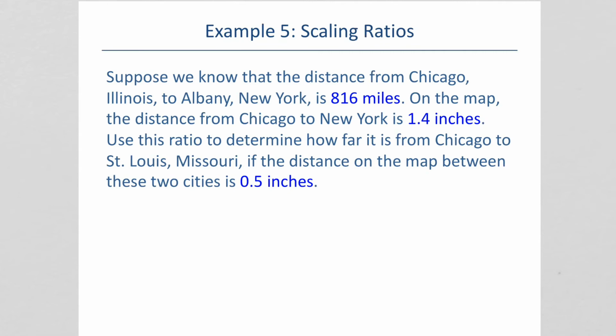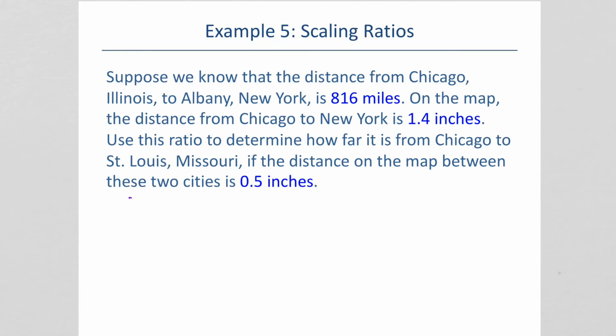Example 5 says, suppose we know that the distance from Chicago, Illinois to Albany, New York is 816 miles. On the map, the distance from Chicago to New York is 1.4 inches. Use this ratio to determine how far it is from Chicago to St. Louis, Missouri, if the distance on the map between those two cities is 1/2 inch.